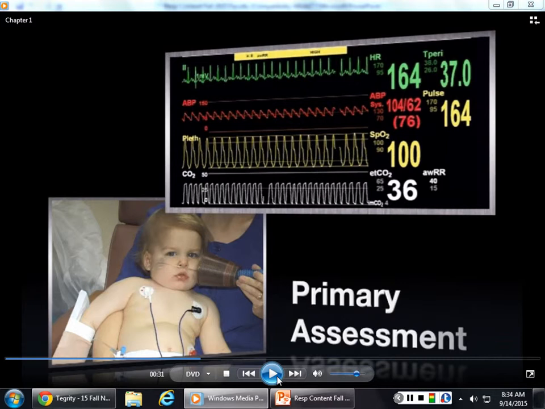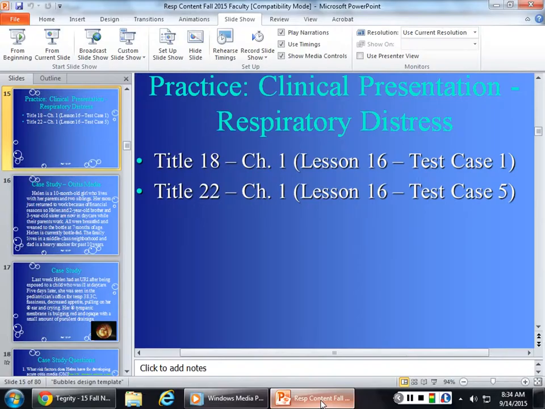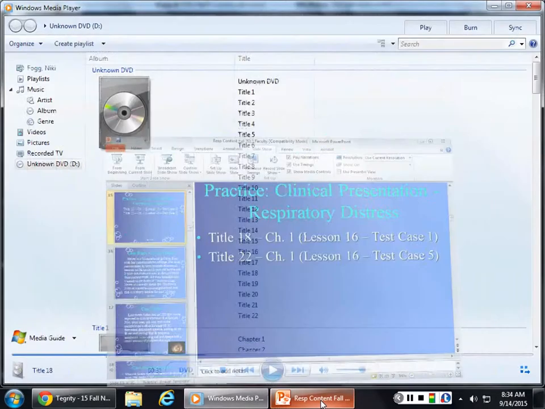You start to get in your head, that's not good, right? Whether you convert it or whether you have the ring. Okay. Say that one more time. 37 is 98.6, 38.5 is 101.5.